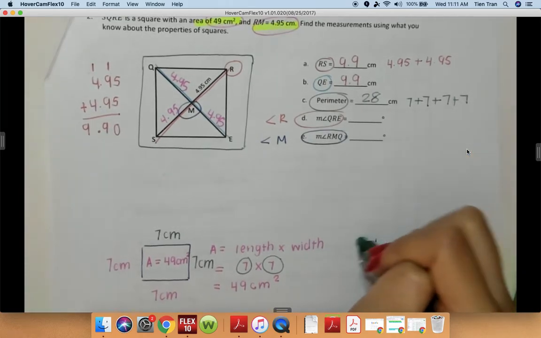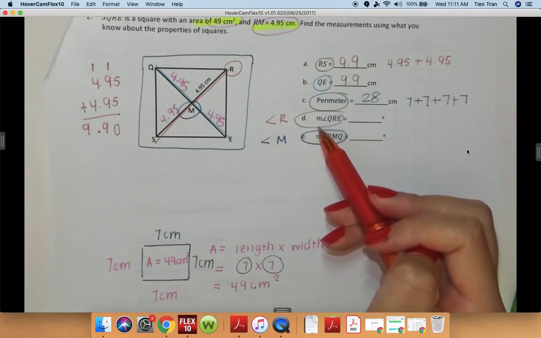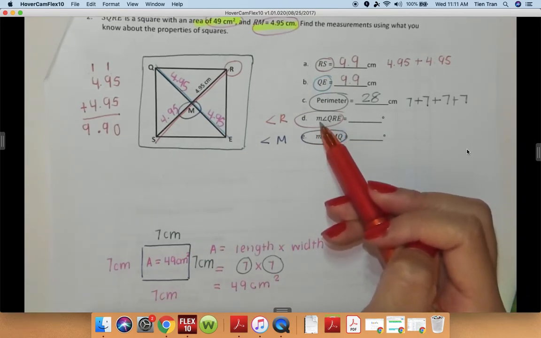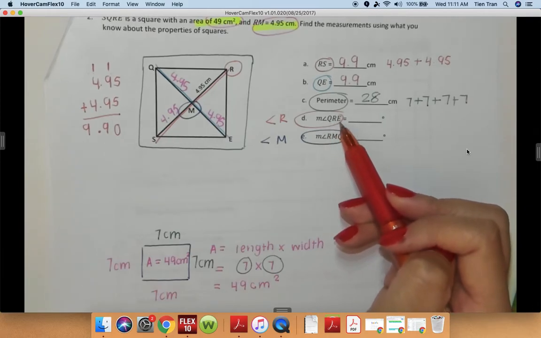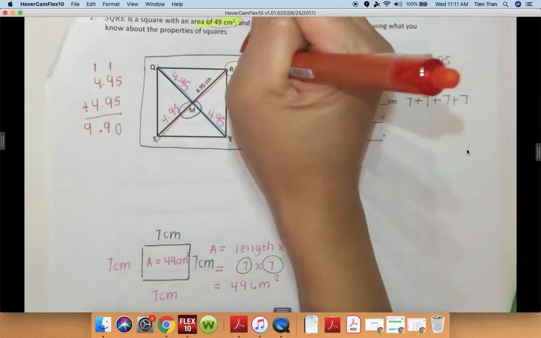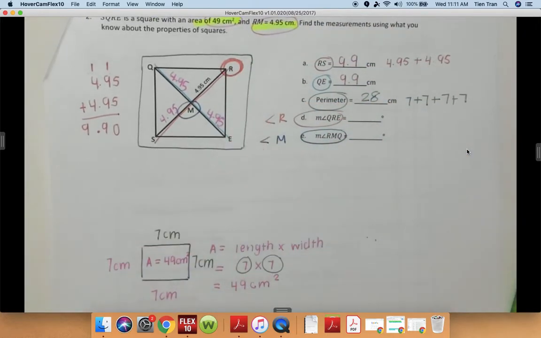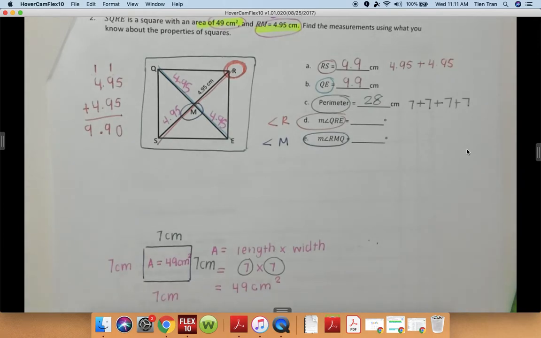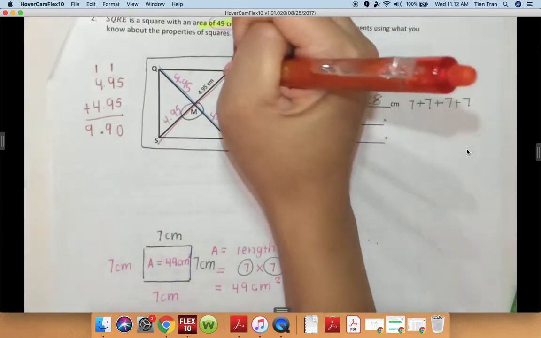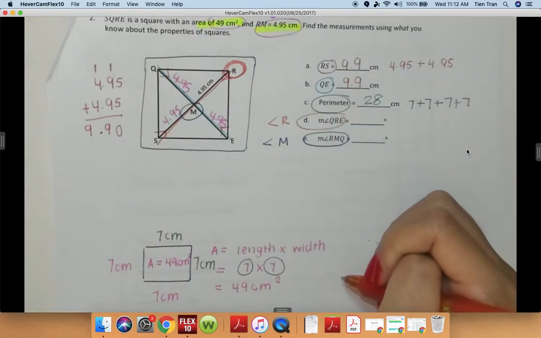Now, next they asked me to look for angle QRE. That means I'm looking for angle R. So now that I'm looking for angle R, I need to figure out how much is angle R. Remember, a square has all 4 angles that are 90 degrees.